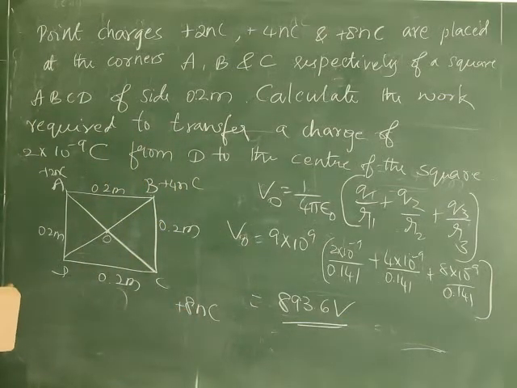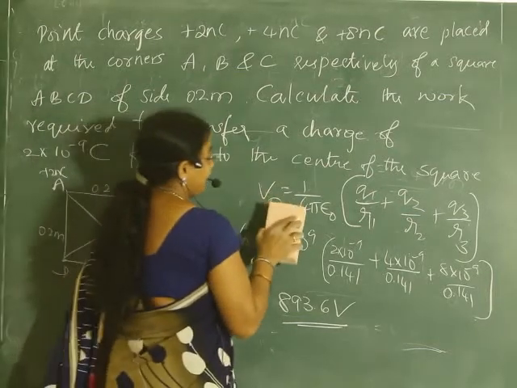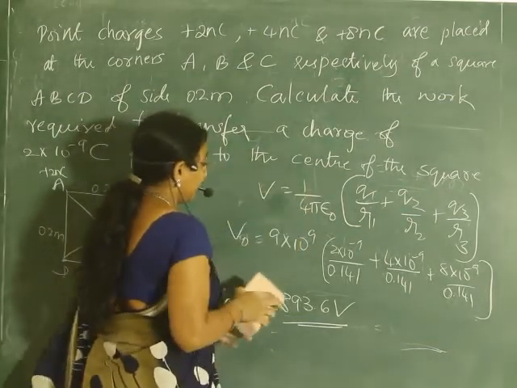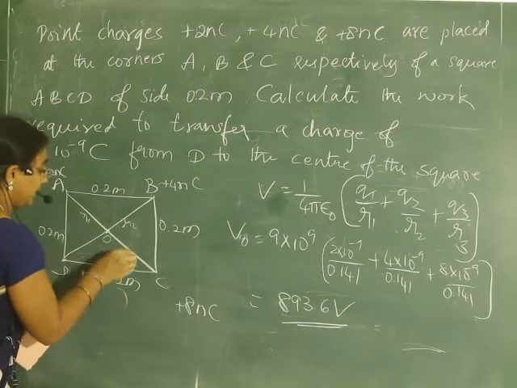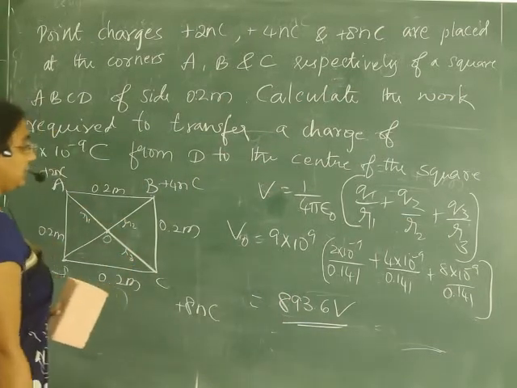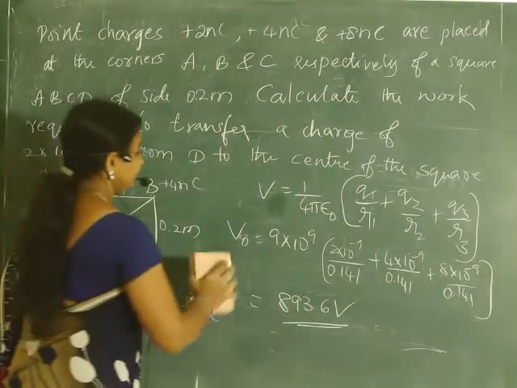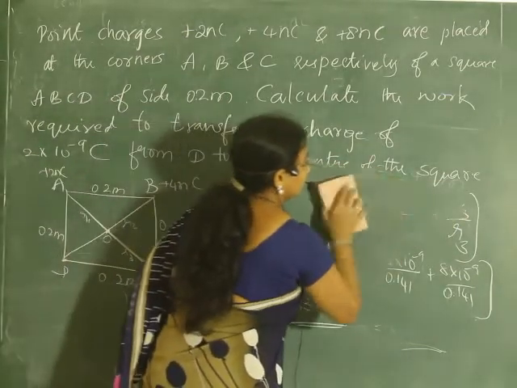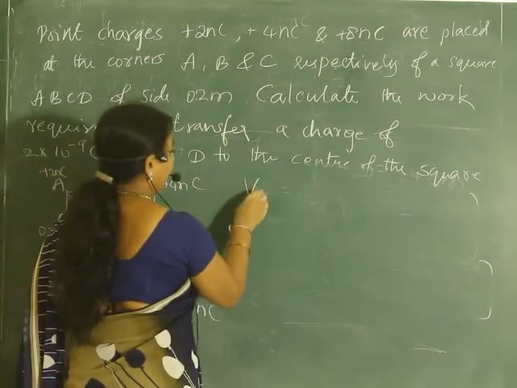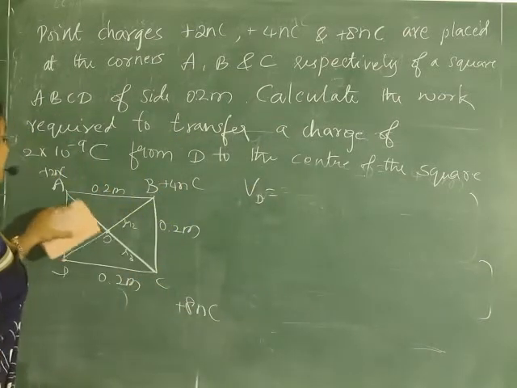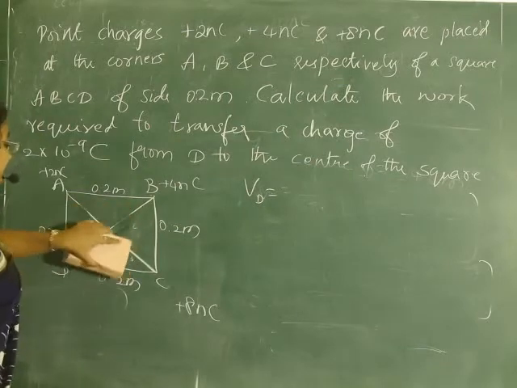Next, what you have to do? You have to find out potential at D. How to find out potential at D? VD is equal to, see here, this is R1, R2, R3. Now which is R1, R2, R3 for VD?